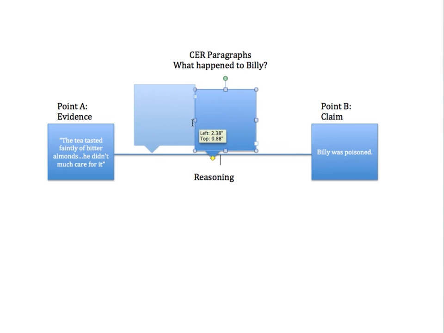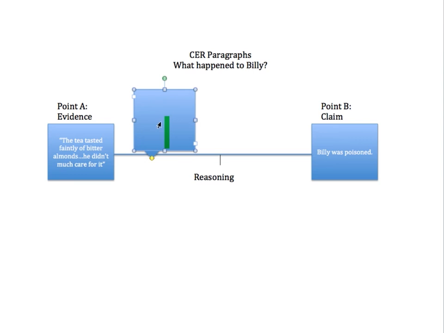So again, the first thing you want to do is explain your evidence in your own words and kind of explain why it's important. So for me, I'm going to say, Billy notices that the tea tastes funny. Okay, so I'm just putting this quote in my own words. Billy notices that the tea tastes funny.